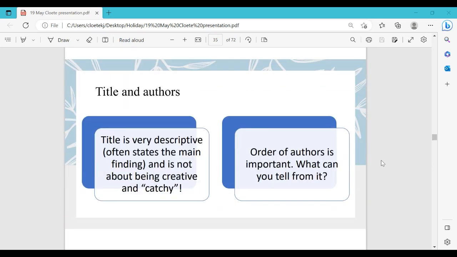Now you look at the title and the authors. So remember, the title should be descriptive. And remember what we mentioned earlier, there's a difference between a title for an academic paper and a title for a more popular paper. So also look at, when you're reading good journals, how are titles written?